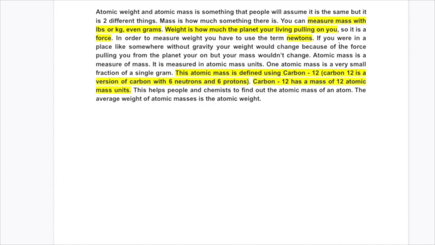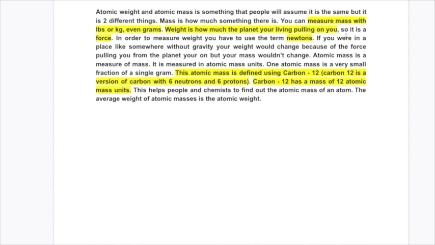If you were somewhere without gravity, your weight would change because of the force pulling you from the planet you're on. But your mass wouldn't change. In general, you'll have to say mass always, unless you do something.